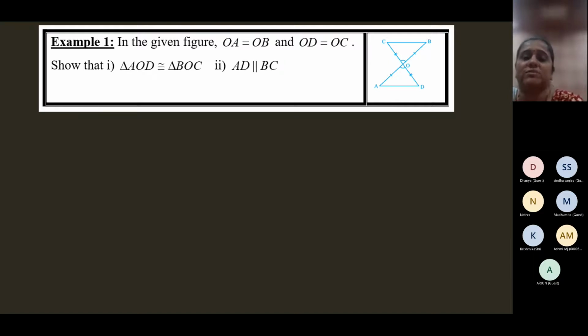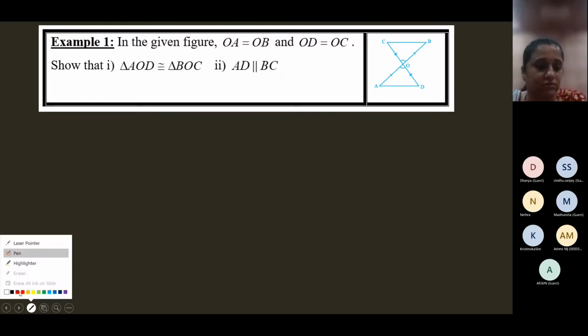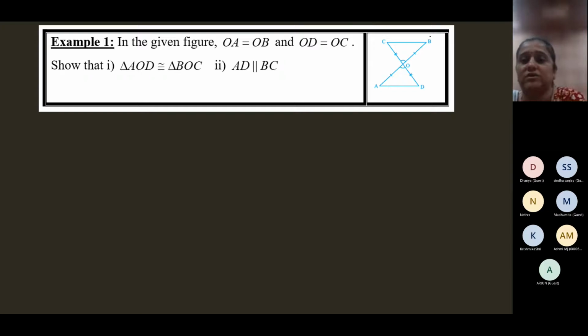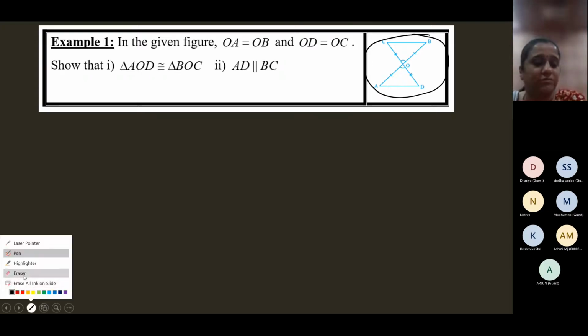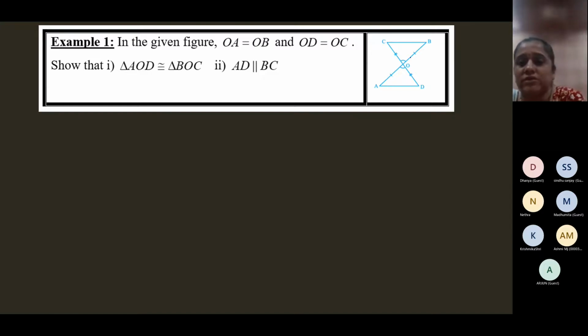So the first part of the chapter, congruent triangles. See here, in the given figure, OA is equal to OB. You can see the figure here. Where is OA? See here, this is OA. OA is equal to OB is marked.